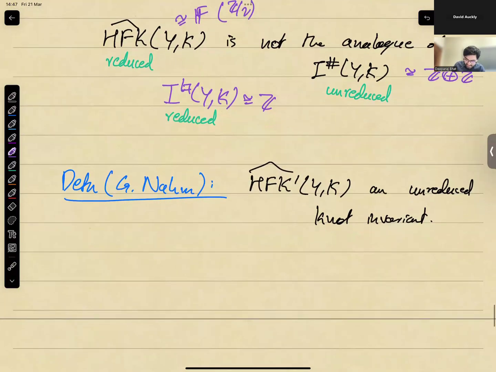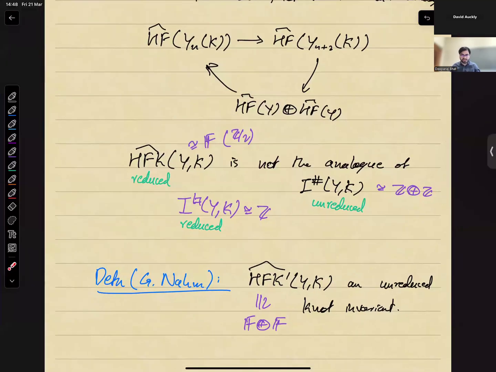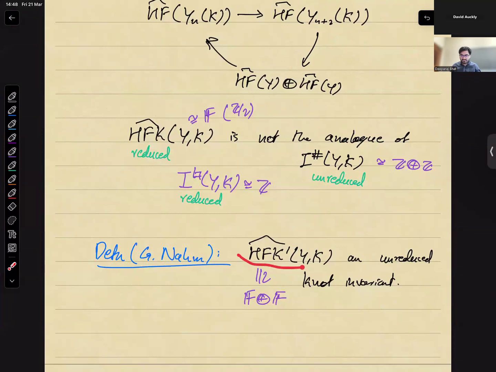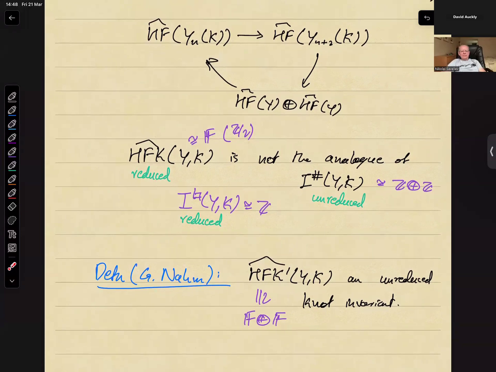And for the unknot, this gives you F direct sum F. So these do the right thing, and since you have a similar triangle, one expects that this is perhaps the right version of this. But again, I think even for the trefoil, this with F2 coefficients differs from this with F2 coefficients. By the unknot, you mean unknot in S3? Yes, I'm sorry, I mean unknot in S3. For all of these, I meant unknot in S3.